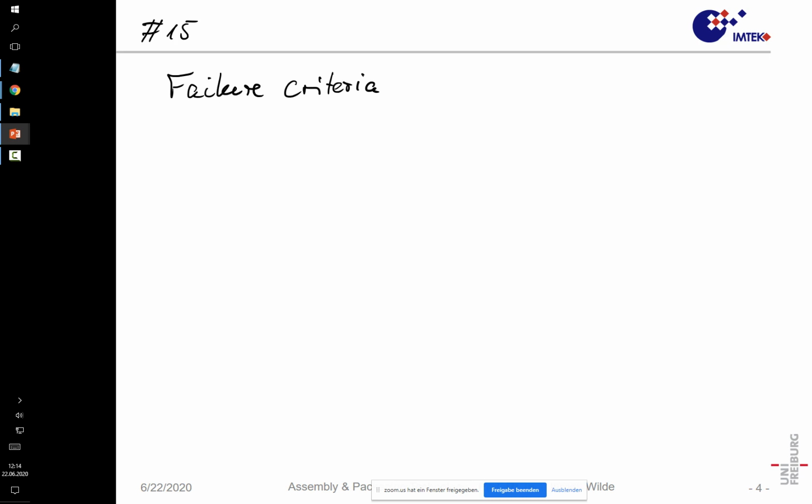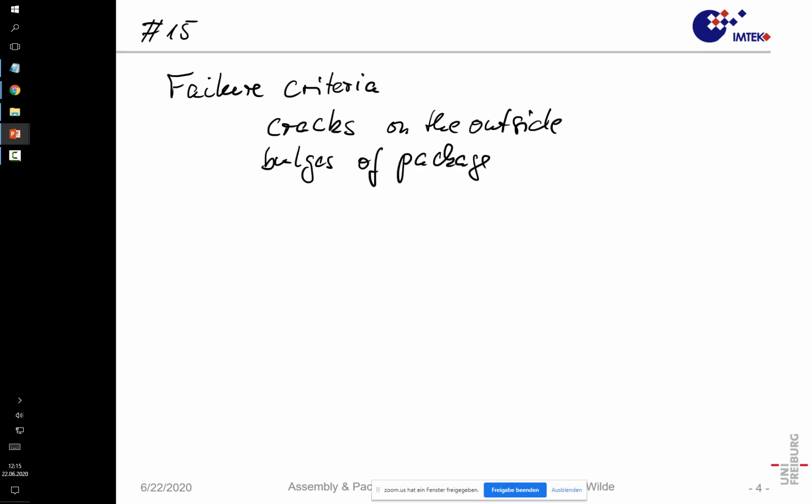Okay, so if it's broken in some way, or cracked, so cracks is one criterion, and one is on the outside: bulges of the package. Internal cracks. What else?